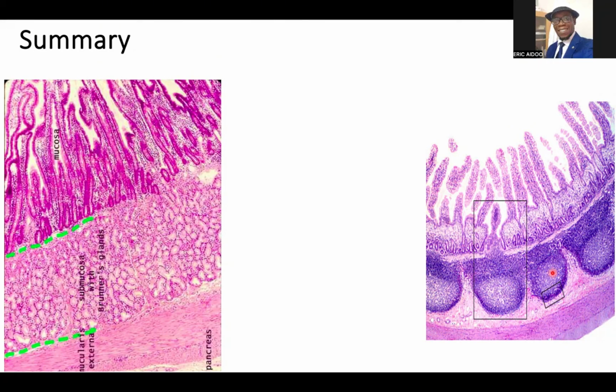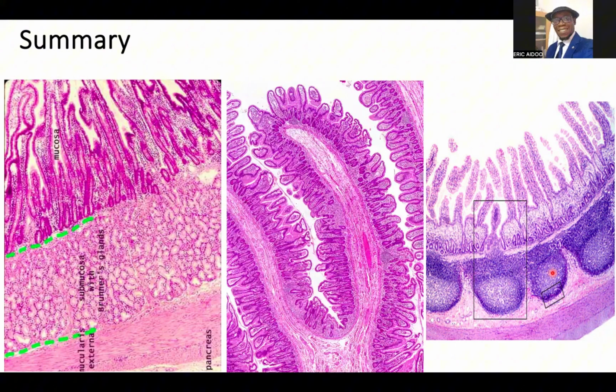But you don't find those nodules much in the jejunum and duodenum. If you ever find them, they will be isolated. So that is the jejunum, the plicae. So basically, that is what we have for the intestines.